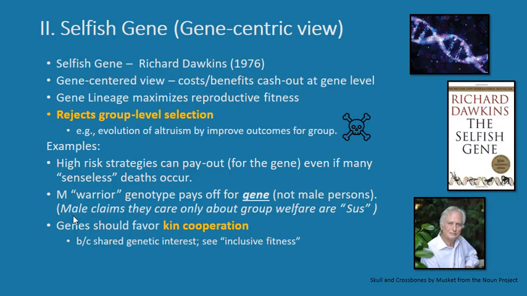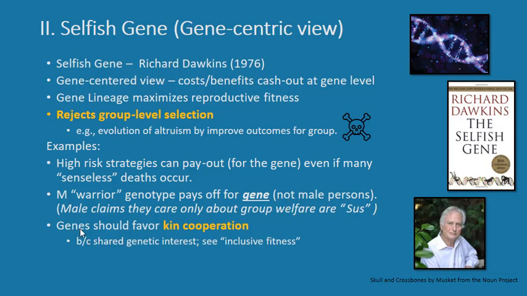So when you hear males claiming that the only thing they care about is the group welfare, and that they are attacking or defending the group because it's going to be better for the group, as my son would say, those claims are a little bit sus, in terms of suspicious. We'd want to interrogate those and see if maybe they're looking to increase their own reproductive fitness at the expense of the group, and that their claims about being only interested in the group might not wholly bear out.